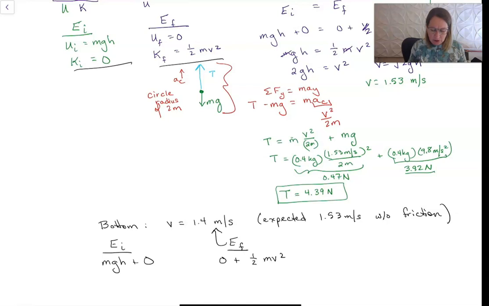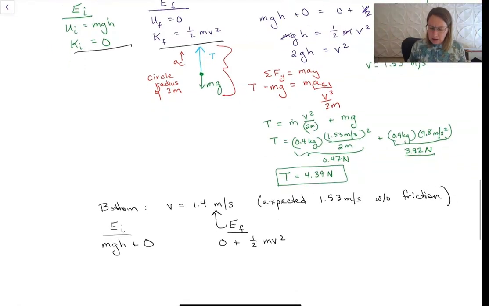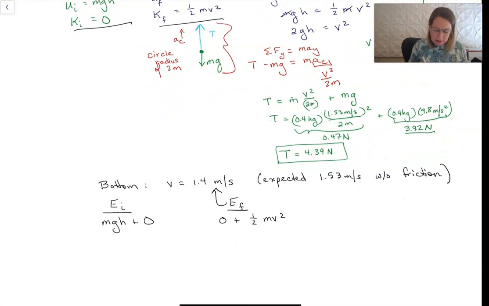So this is our potential, no kinetic to start with, and no potential energy and just kinetic afterwards. And so when I calculate this out, putting in my values, this gives me 0.47 joules, and this one gives me 0.39 joules.